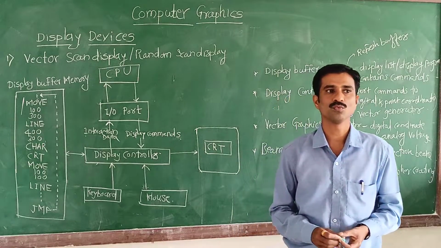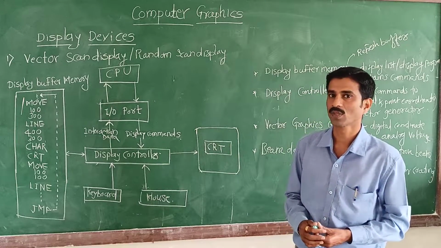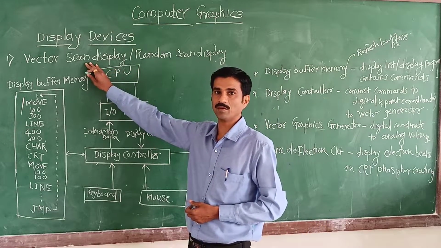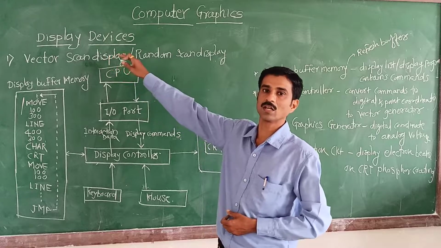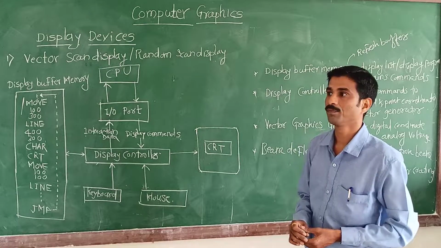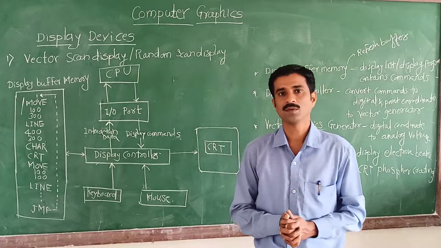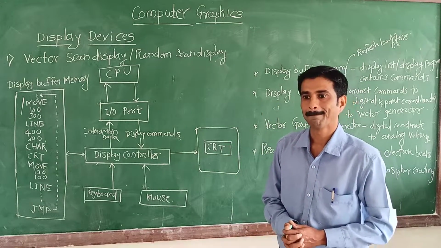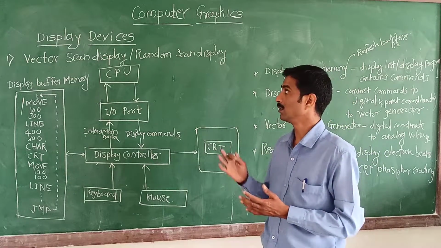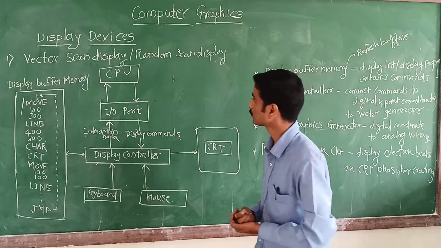First of all, we will see the first display device, that is vector scan display, or it is also called random scan display. So first we will see how or where the vector scan display is used.